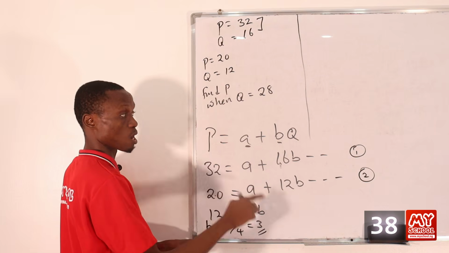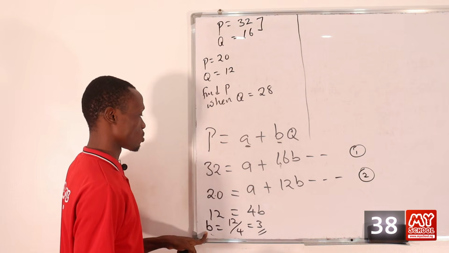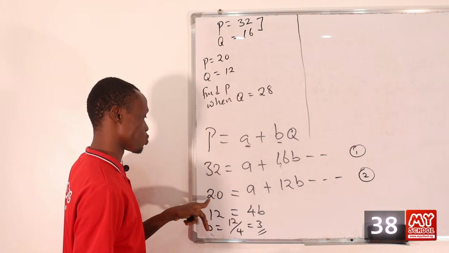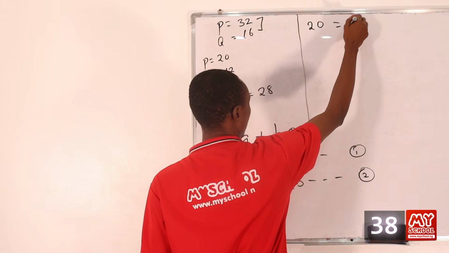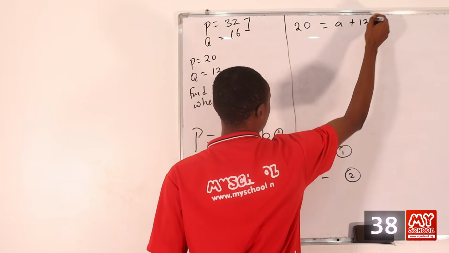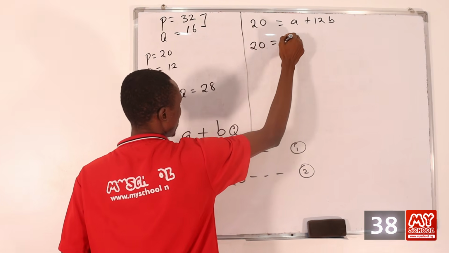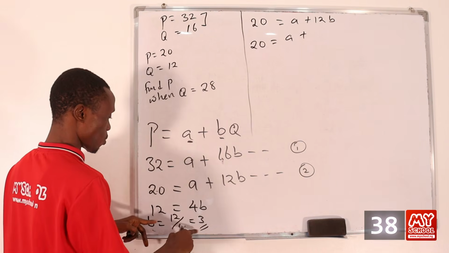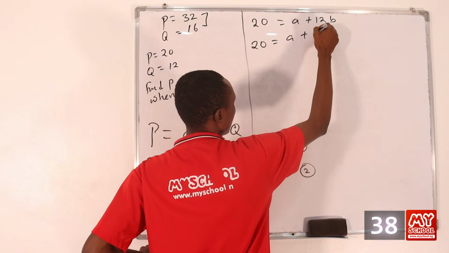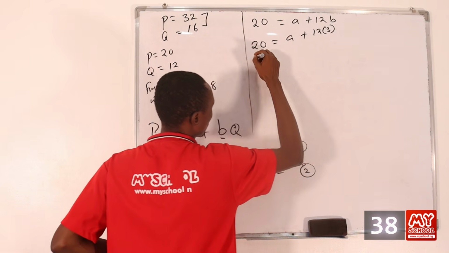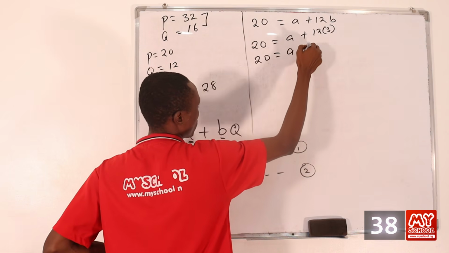Now this value of B, we can put in any of the equations. Let's put it in equation 2. Equation 2 is 20 = A + 12B. In place of B, we replace it with 3, so 20 = A + 12 × 3.